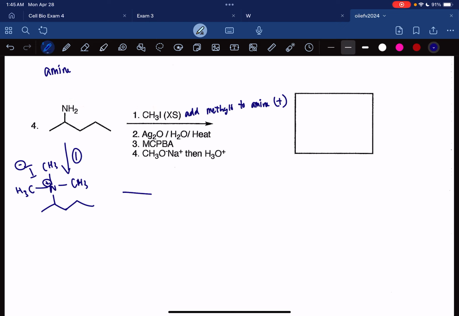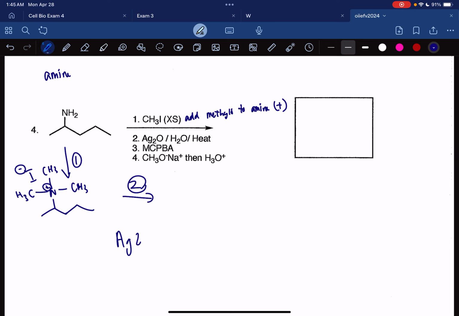Then reagent 2, Ag2O. This is kind of an interesting reagent because this also works with aldehydes. So, through the Tollens test, you can do Ag2O on an aldehyde, and that'll take it to carboxylic acid.